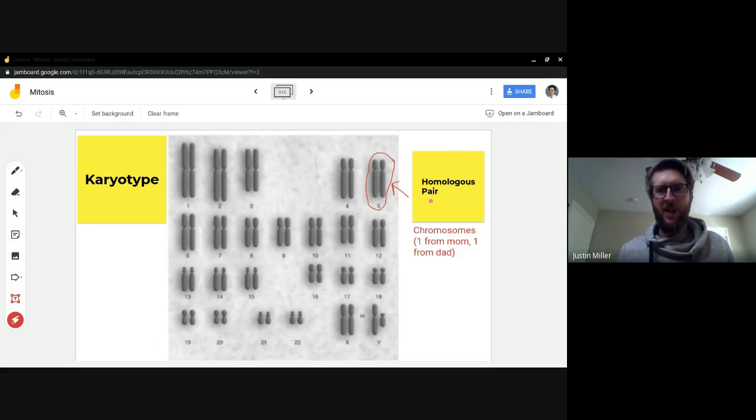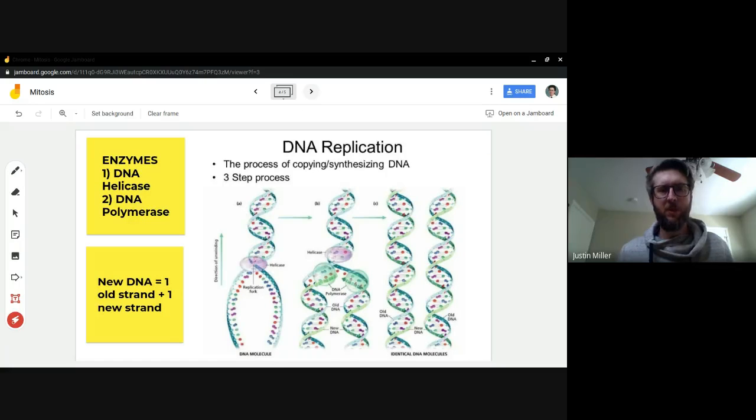Every pair is what we call a homologous pair. So this is a homologous pair of chromosome number 5, because they're numbered 1 through 23. In each homologous pair, one chromosome comes from mom and one comes from dad. So those are the 46 chromosomes.